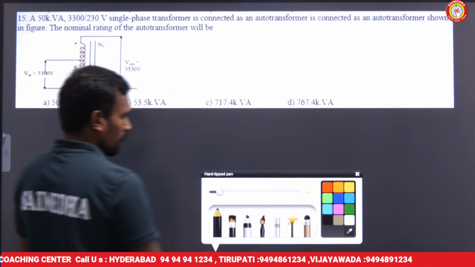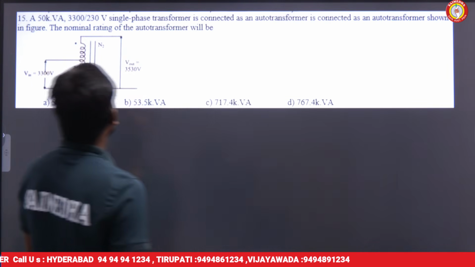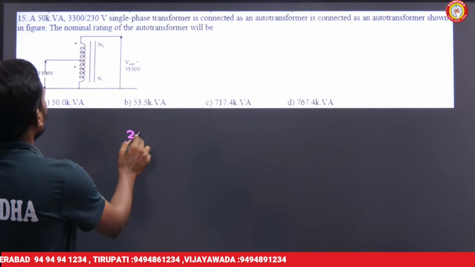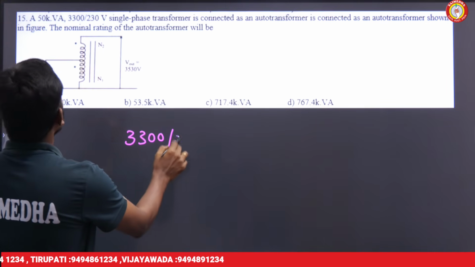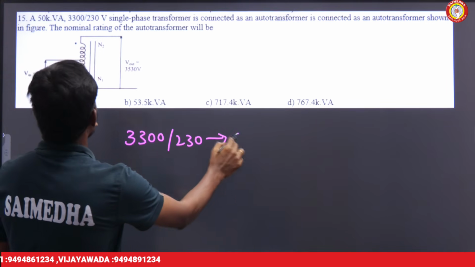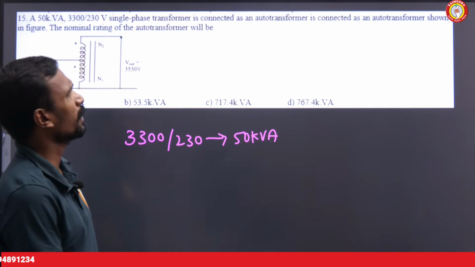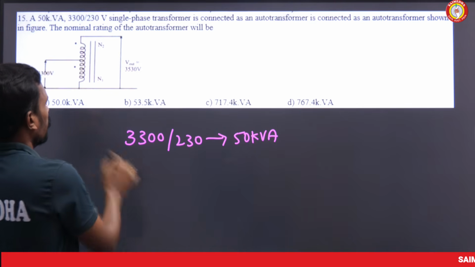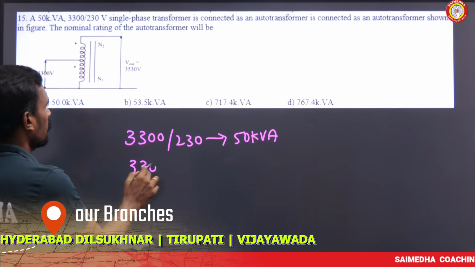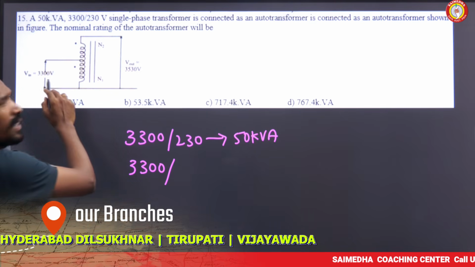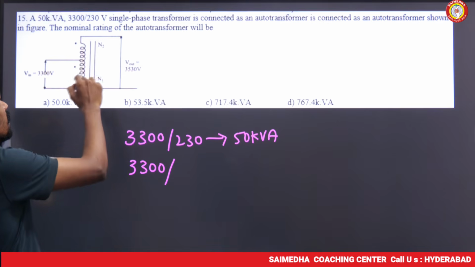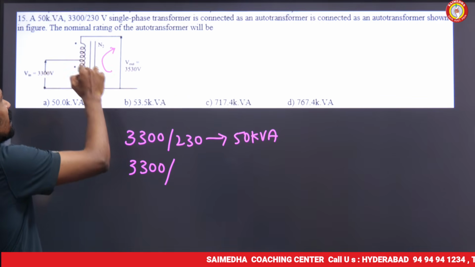Next question, can you solve this question? A 3300 by 230, 50 kVA transformer. I think this is also repeated, sir. Auto transformer. Here is the 3300, this is added.